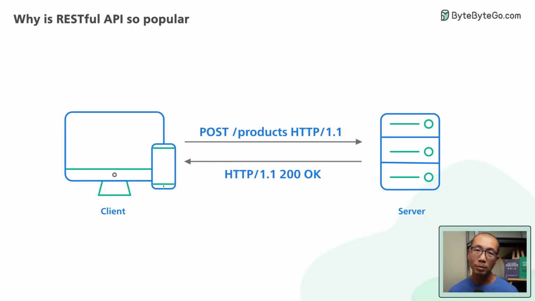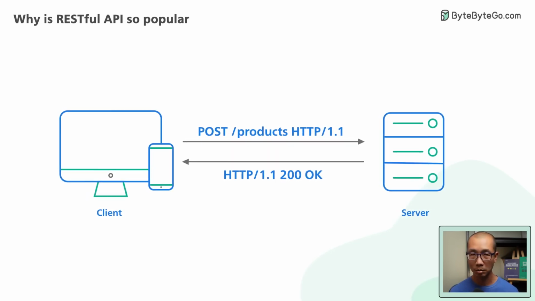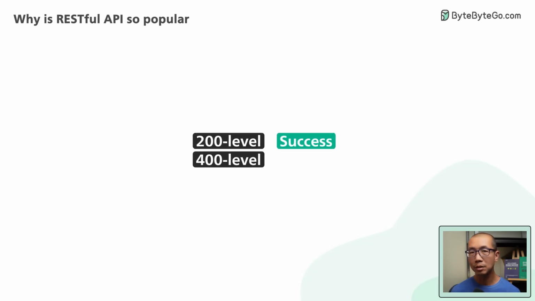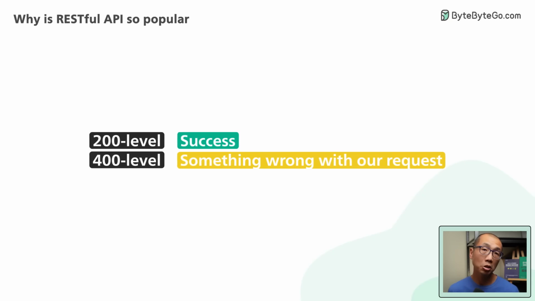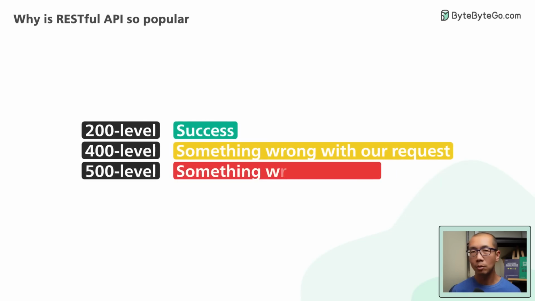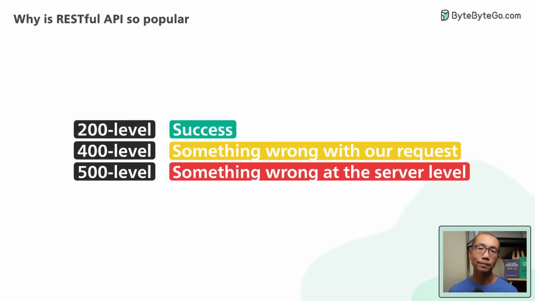Now, a well-implemented RESTful API returns proper HTTP status codes. The 200-level codes mean the request was successful. The 400-level codes mean something was wrong with our request. For example, the request contained incorrect syntax. At the 500 level, it means something went wrong at the server level. For example, the service was unavailable.